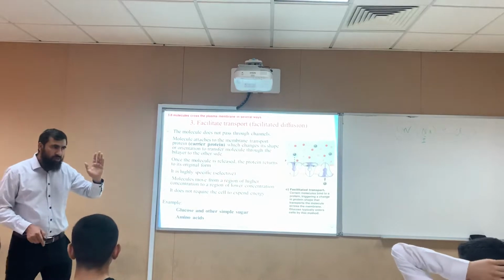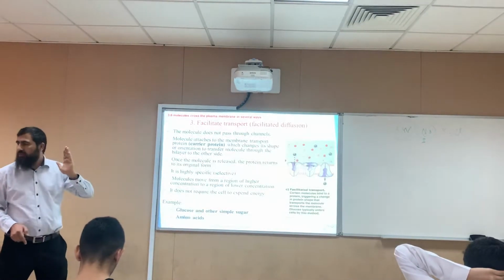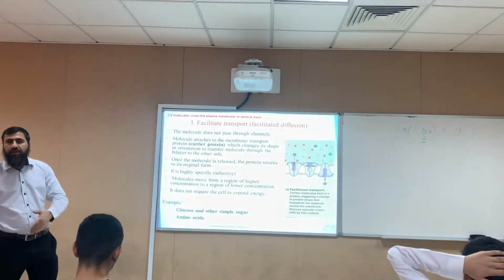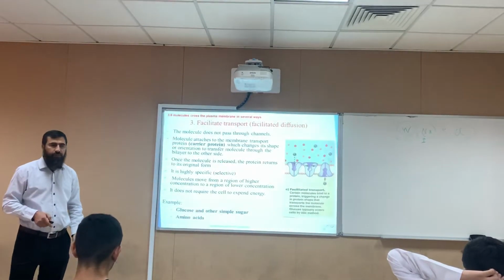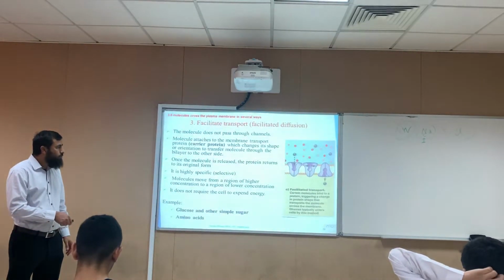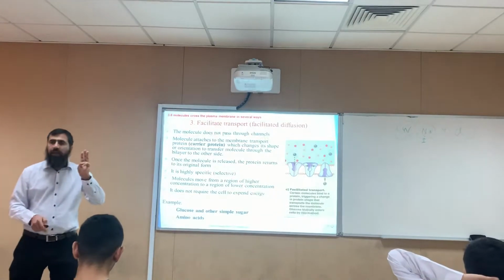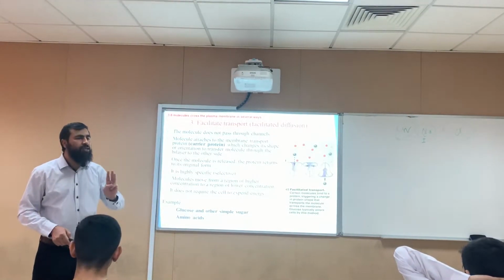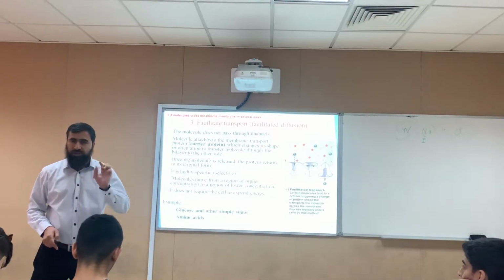Because they're charged molecules, they can't pass through the plasma membrane bilayer directly, or they can be facilitated, where they bind a carrier, and the carrier changes its orientation to transport molecules across the plasma membrane, and this is more selective, molecules like glucose, simple sugars, amino acids. All of these three are happening by diffusion, passive diffusion, no energy is required, and it's happening because there is a concentration gradient.